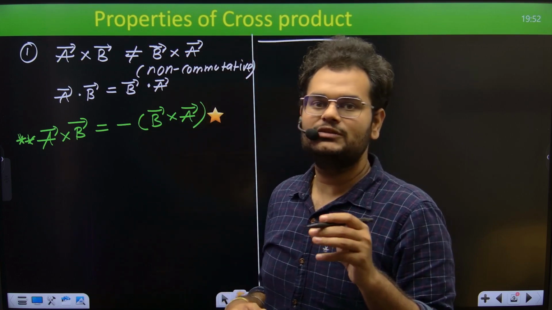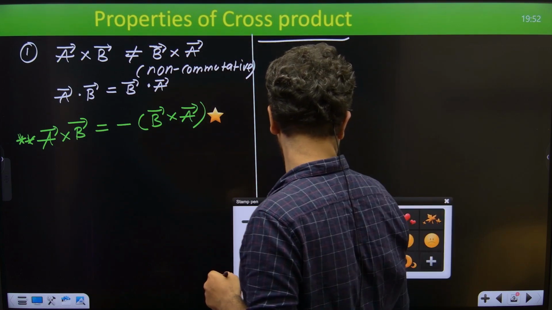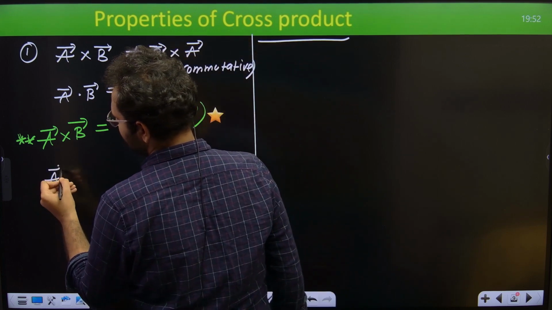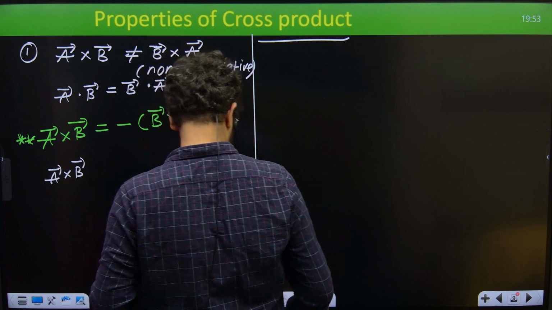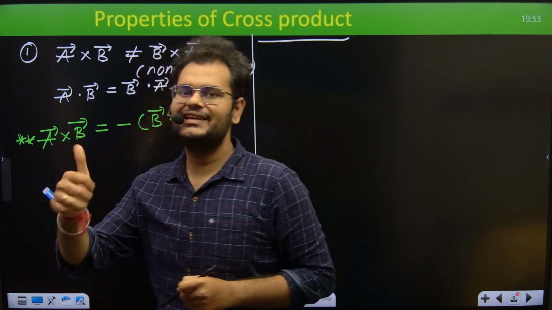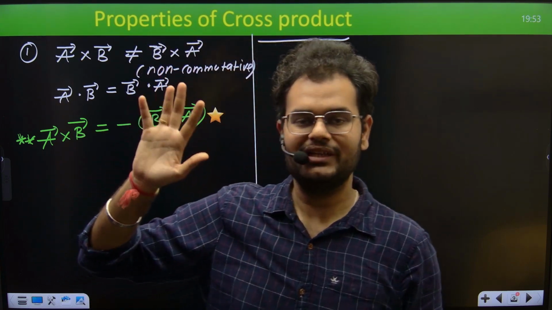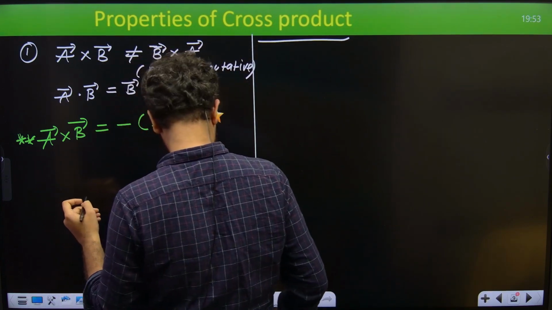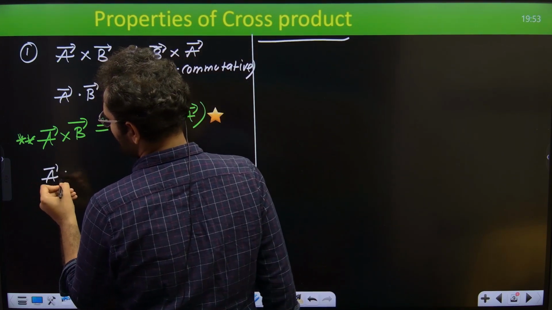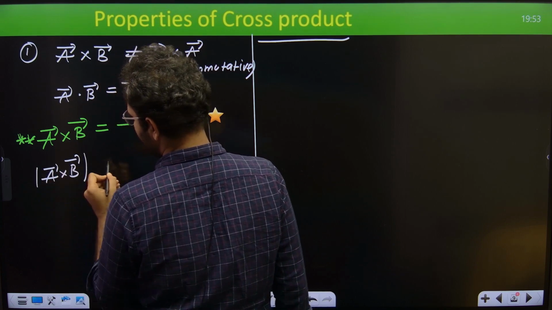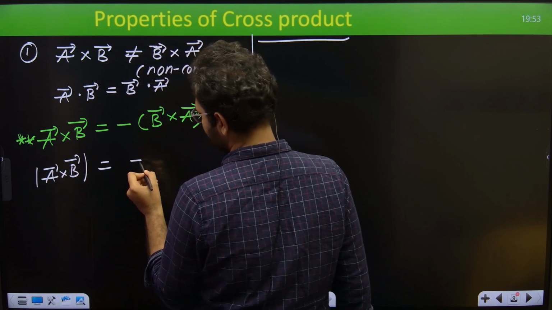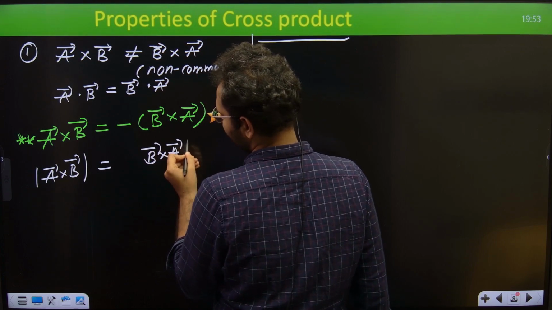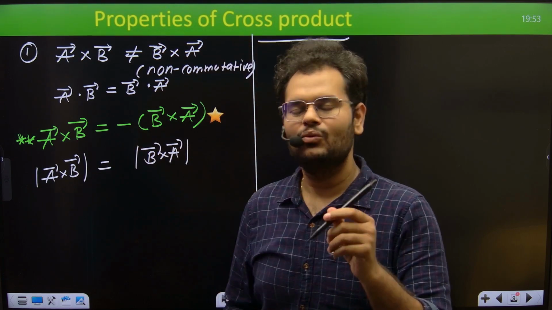See, A cross B, you tell me one thing. If I take the magnitude of A cross B, what is the meaning of magnitude, by the way? Magnitude means the length of the thumb in that rule. That will not change. The magnitude of A cross B and the negative, that is the magnitude of B cross A, is the same, because what is magnitude?